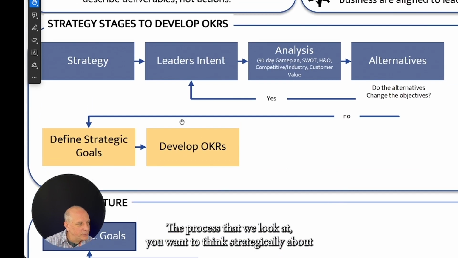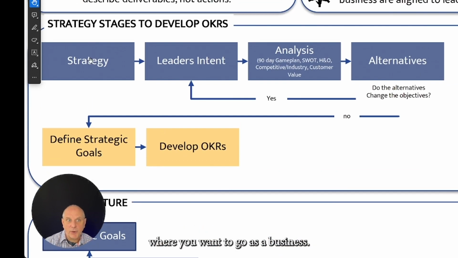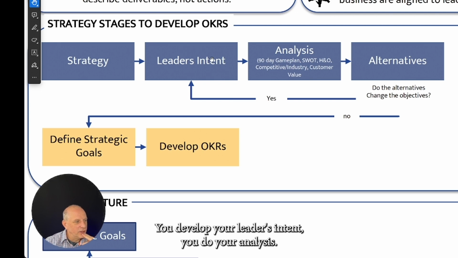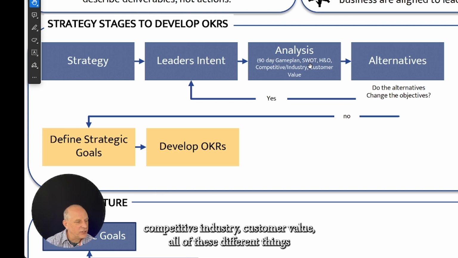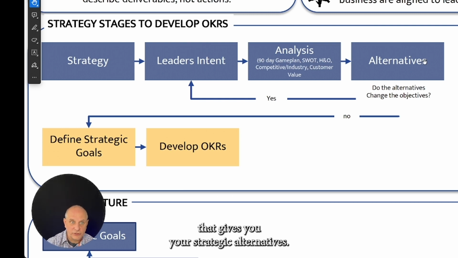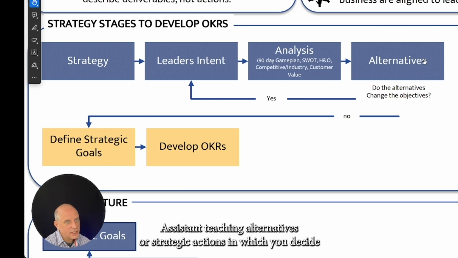The process that we look at, you want to think strategically about where you want to go as a business. You develop your leader's intent. You do your analysis. So this is going to come back to the SWOT, innovation, your H&O list, competitive industry, customer value, all of these different things. That gives you your strategic alternatives. I sometimes call them actions. So strategic alternatives or strategic actions.